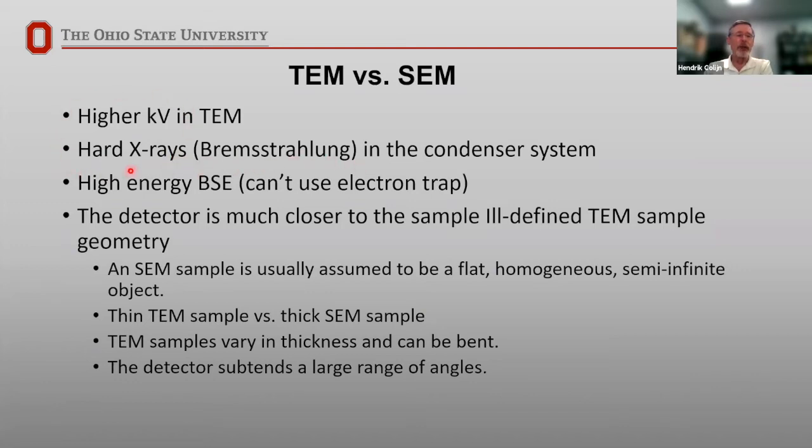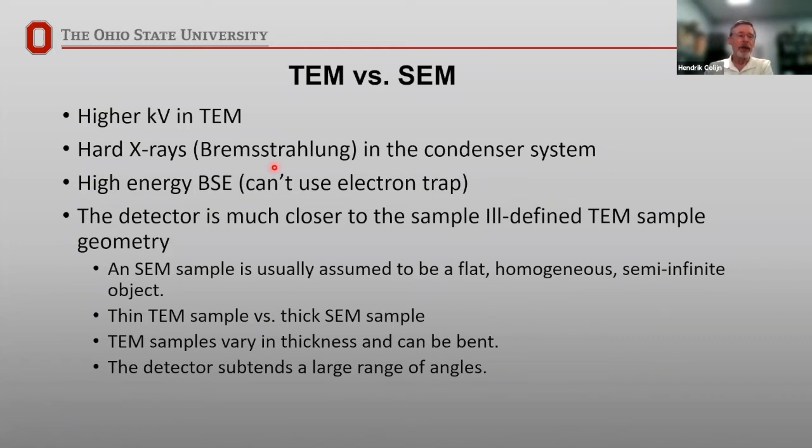These are hard X-rays, and these X-rays will go all the way up to the energy of the primary beam. These are generally created in the condenser system, hitting one of the condenser apertures. And since they will not be focused, they will excite other parts of your sample that are far away from the area where your beam actually is.